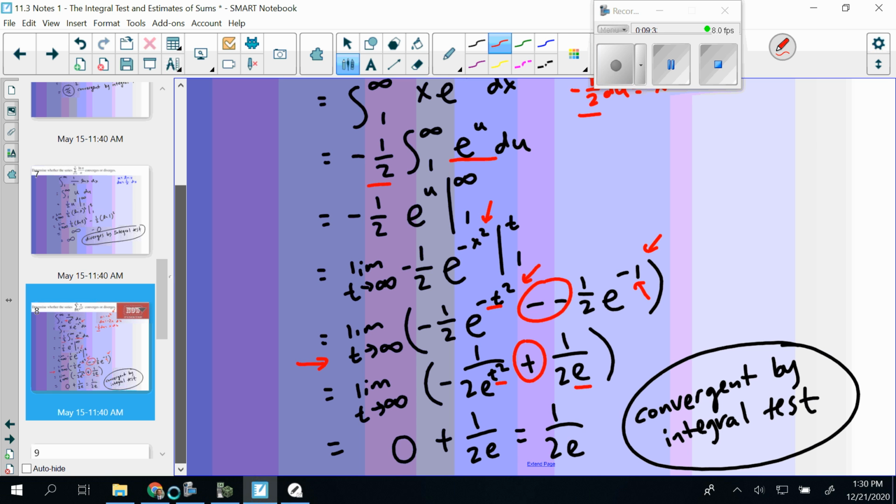Well, if you do the limit as that goes to infinity, this is going to get very large in the bottom here. So 1 over a very large number that's approaching 0. And then we'd have plus the 1 over 2e, which means this is approaching a finite number. We have a convergent series here by the integral test.